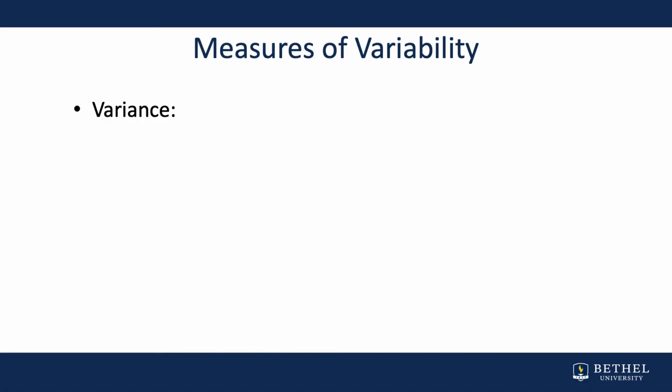The first measure of variability we're going to look at outside of range is now going to be something called variance. Now, variance is an interesting topic because what it does is it tells you, with all of the data observations you have, how varied they are amongst themselves.